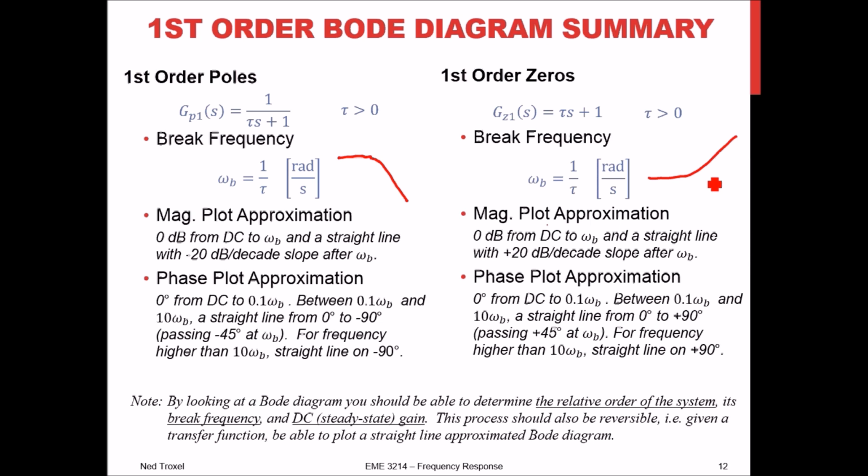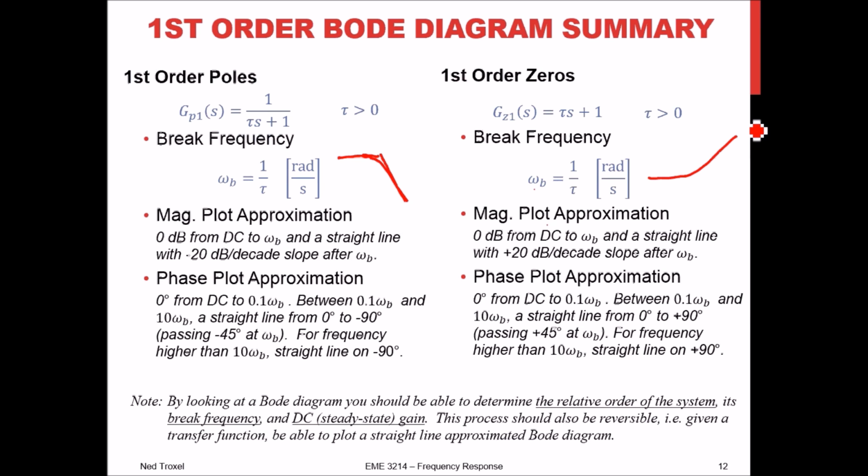We'll often approximate this as a straight line up to the pole, and then that slope of -20 dB per decade after that. And the same thing for the 0, just flipped over the 0 dB axis.